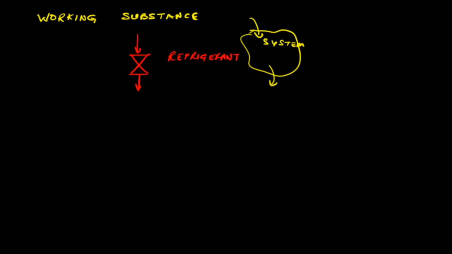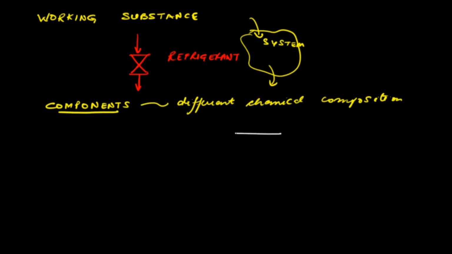Now, the working substance might be composed of different components. So this is another definition. Components refer to substances with different chemical composition. For example, if you recall our lecture on the rocket engine, there we had seen that in the liquid propellant rocket, you inject the fuel and the oxidizer, for example, hydrogen and oxygen, and here these two gases react.